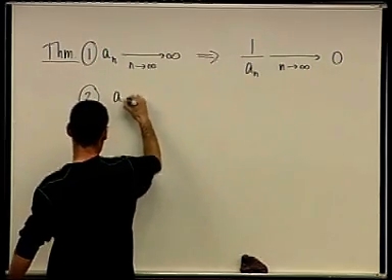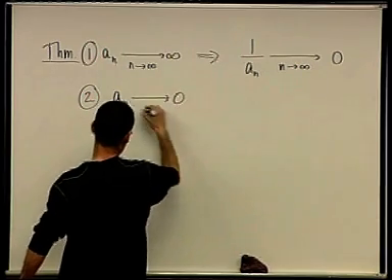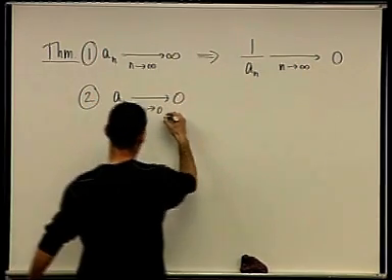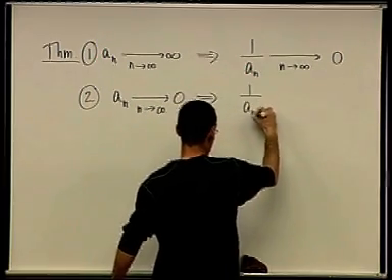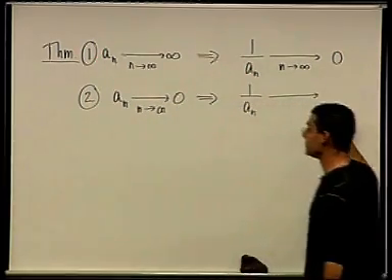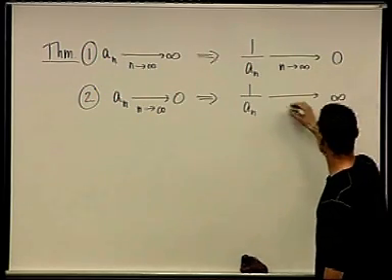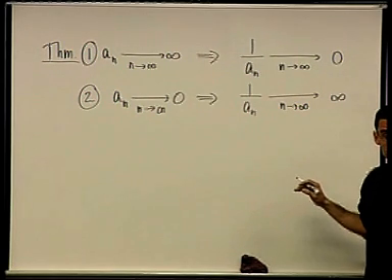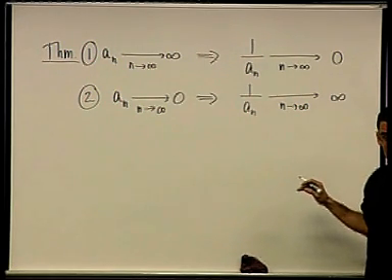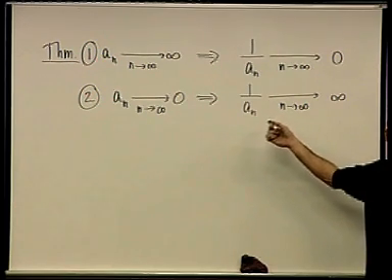If a_n goes to 0, then 1 over a_n goes to what? Infinity. Do you agree? Everybody? Can also go to negative. Very good. This is false. This is not true.